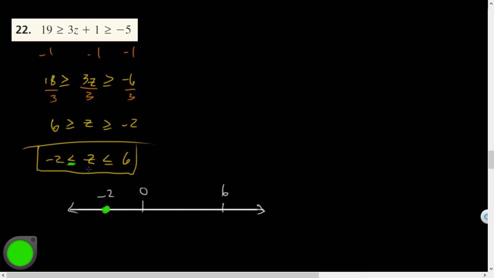It's got the equal to thing going there. For it, closed circle at 6. And notice the variable is in between those things, so I'm going to shade in between them. Right, good times, good times. Right, so there we go. There's our possible solution set represented by a graph and solved algebraically.